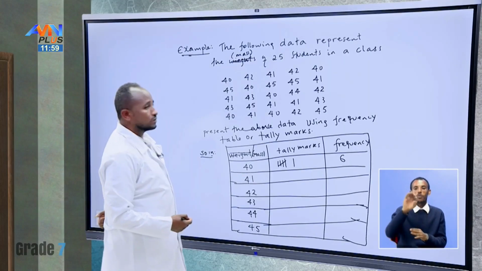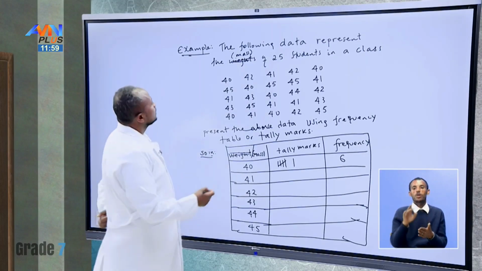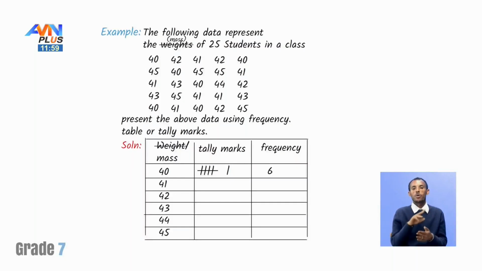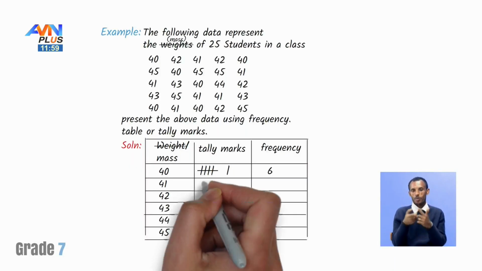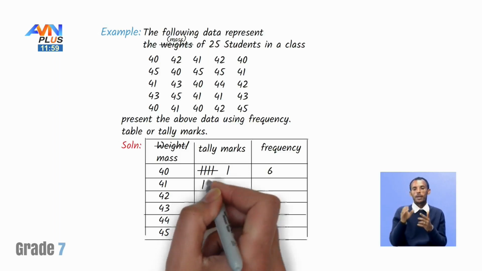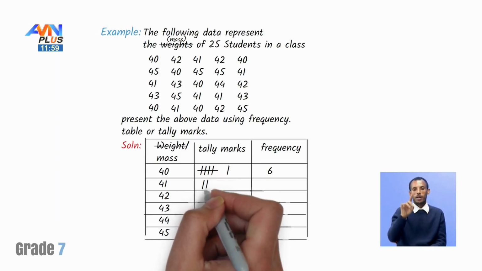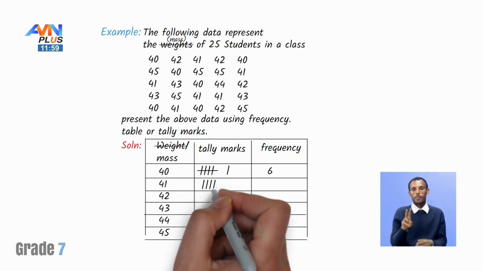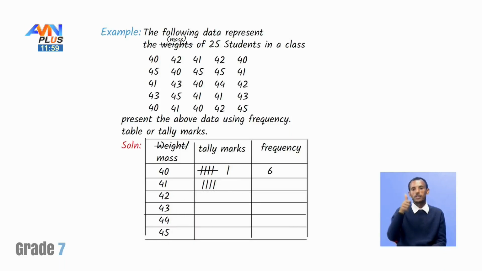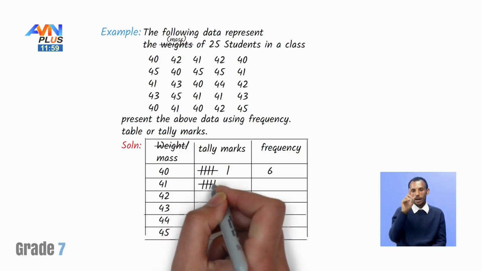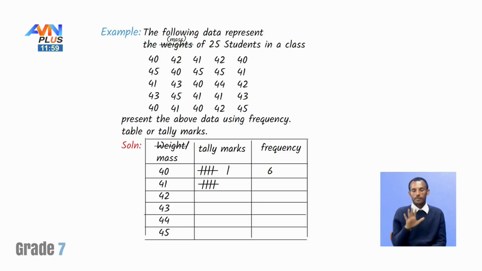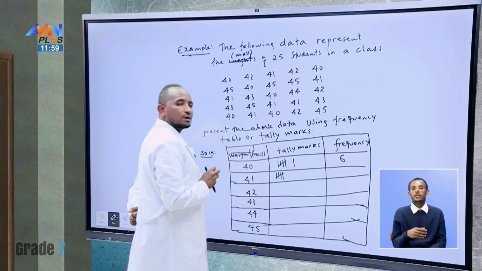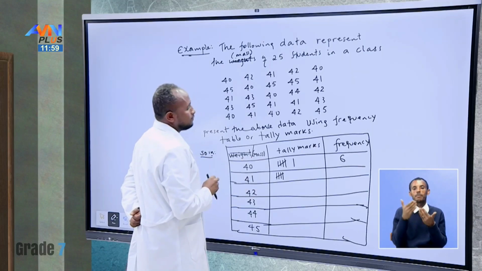Okay, now next, let's see 41. Let's count 41 using tally marks. Here we have 41, 1 in this column, and we have another 41. Here we have two 41s. Let's put another tally mark so that the counting is simple, in groups of 5.